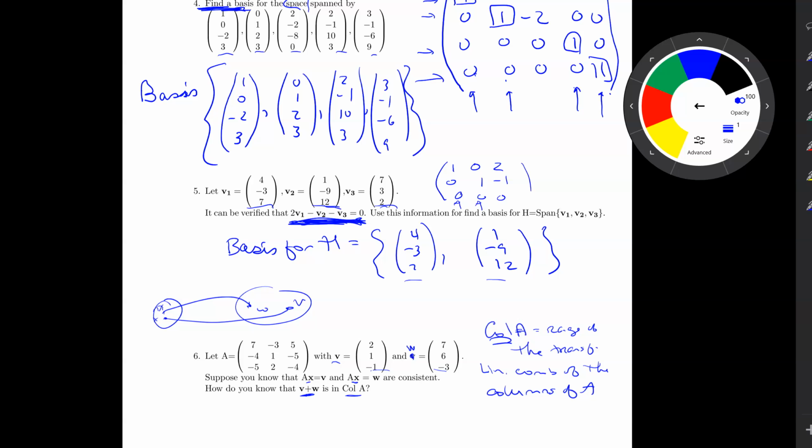And if it's a subspace, if I take any 2 items in my subspace, meaning V plus W, it has to be closed under addition, right?